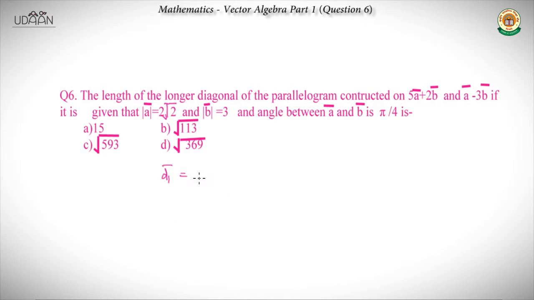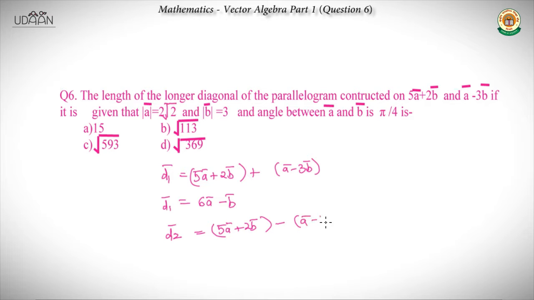So d1 bar will be equal to 5a bar plus 2b bar plus a bar minus 3b bar, which turns out to be 6a bar minus b bar, and d2 bar will be equal to 5a bar plus 2b bar minus a bar minus 3b bar.